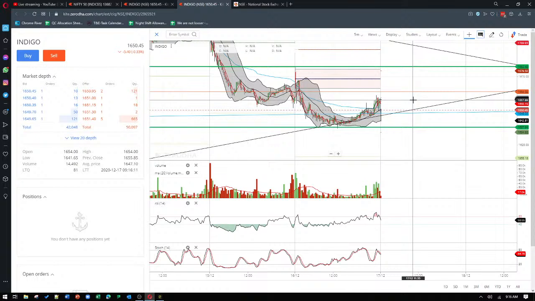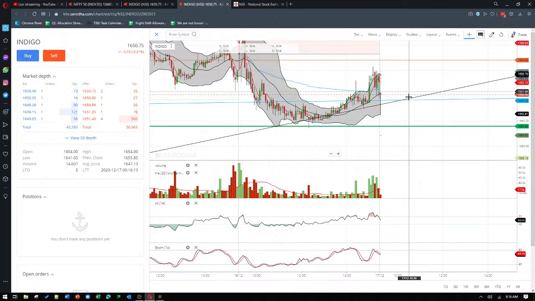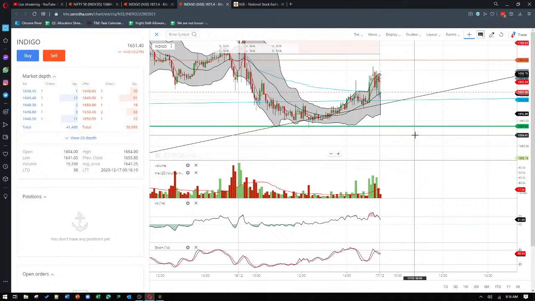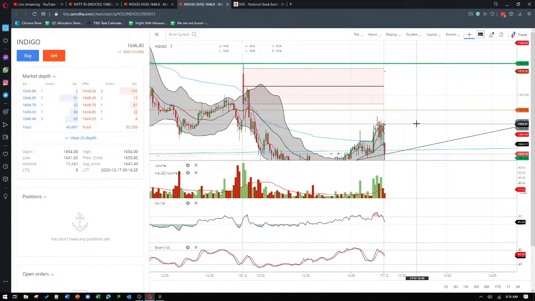The points between the pivot are 1658 and 1634, so almost 50 points on the bottom side, and the same here, 1658 and 1679. I hope the possibility of going up is very less.